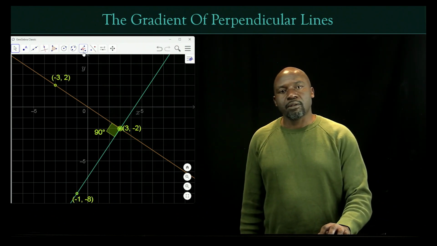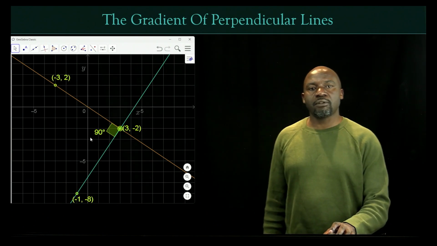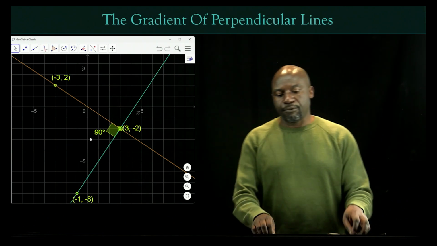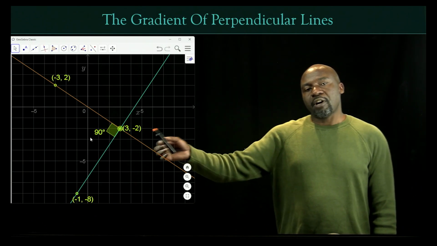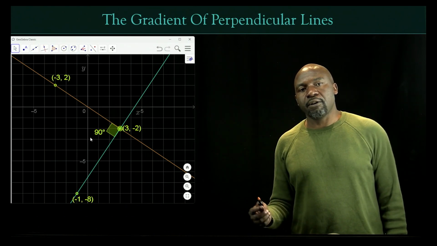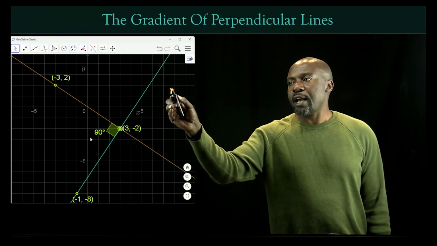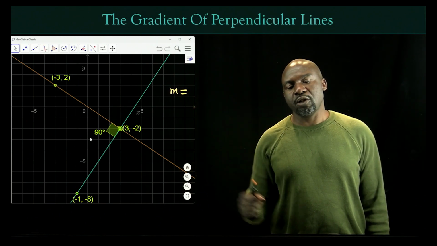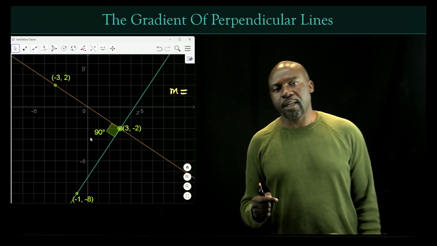There are 3 points on these lines, and I want us to use that to find the gradient, and then compare the results that we get. Let's start with the bluish line. The gradient M is going to be change in y over change in x. So we will pick that point and that point there.